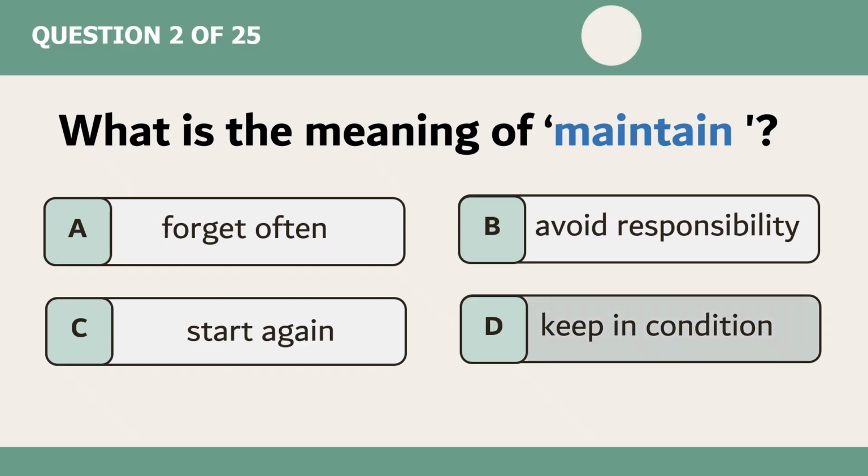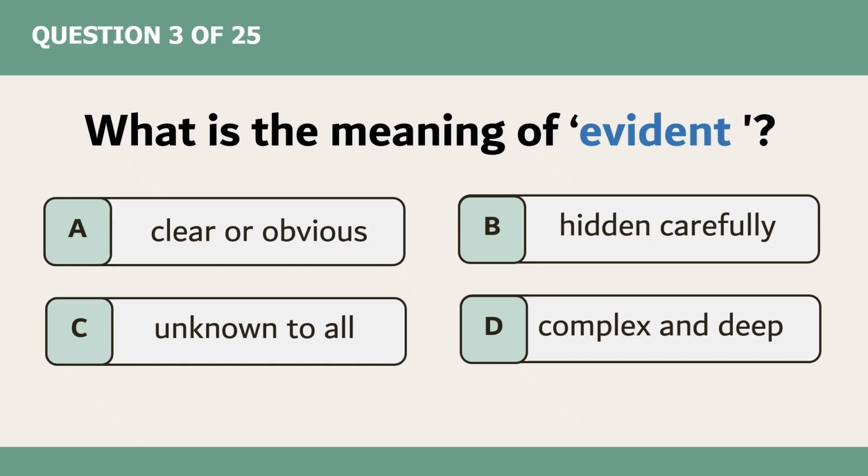The correct option is D. Keep in condition. Question 3. What is the meaning of evident? The correct option is A. Clear or obvious.